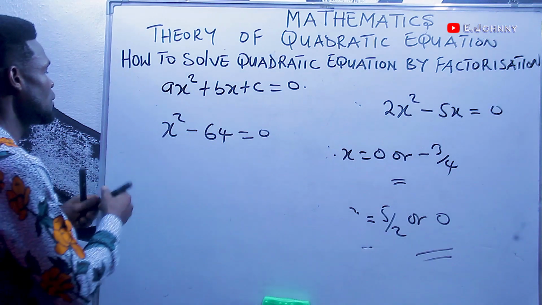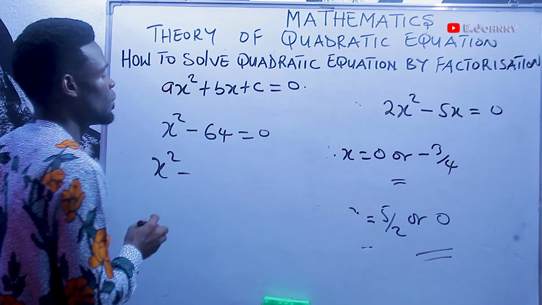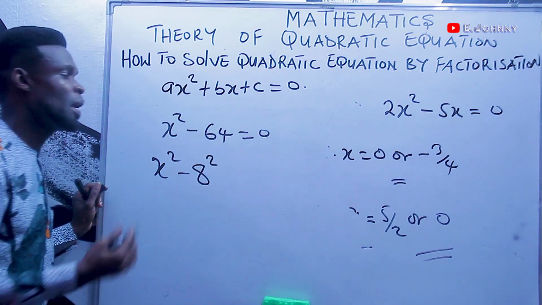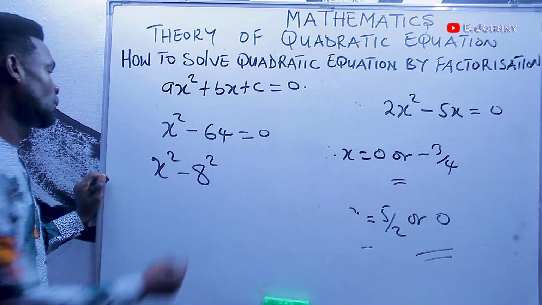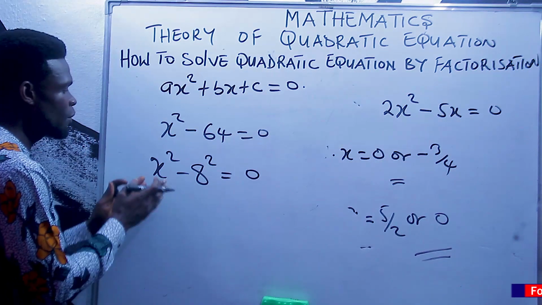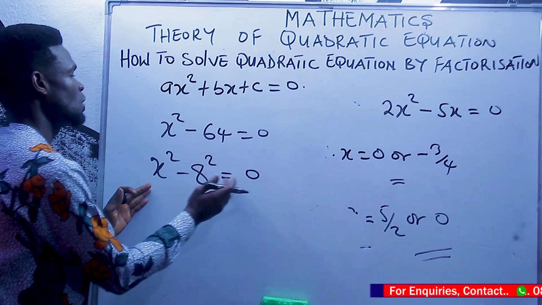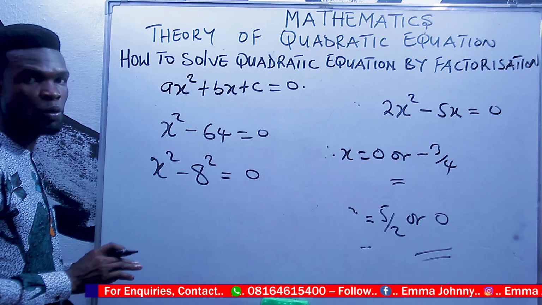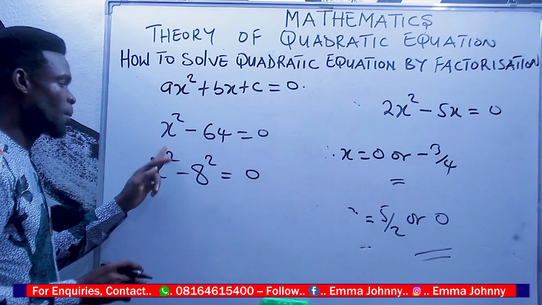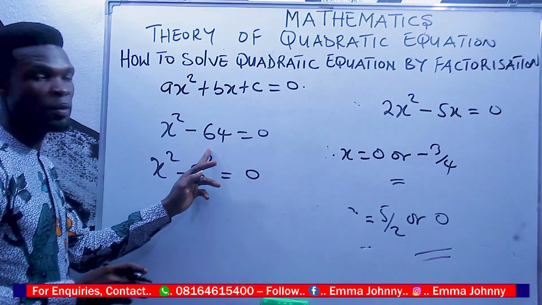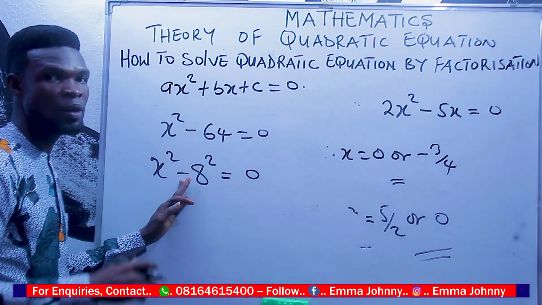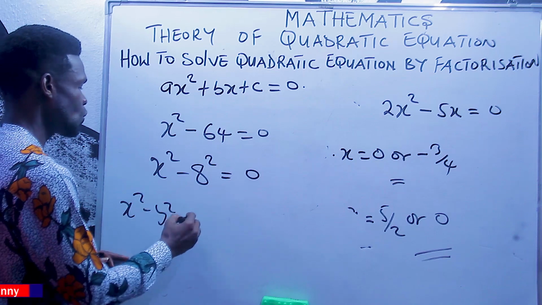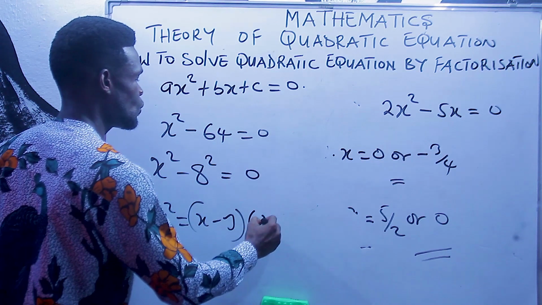So I can write this as x squared minus, what is the index form of 64? 8 squared, because 8 times 8 is 64. Having seen that x squared minus 8 squared equals 0, this takes us to the concept of difference of two squares. So since the first term is squared and the second term is squared and they are separated by negative sign, you apply that method that says that x squared minus y squared equals x minus y into x plus y.